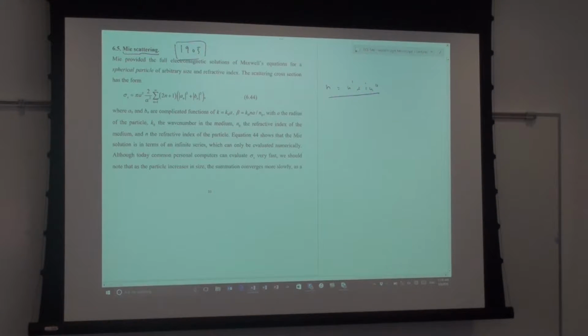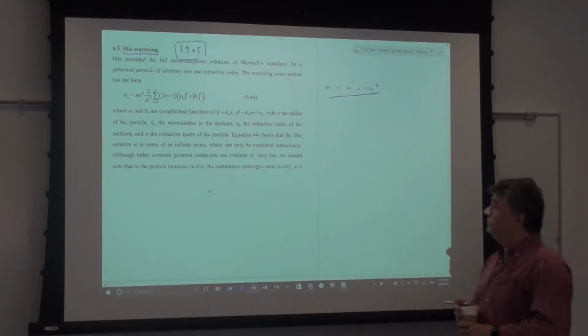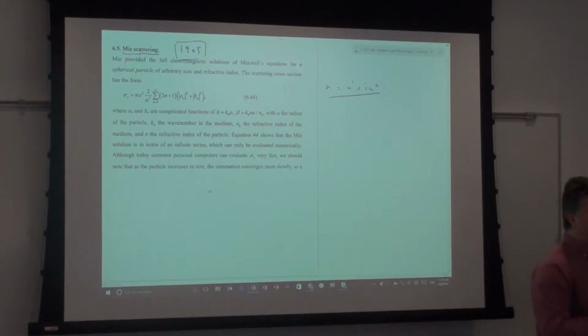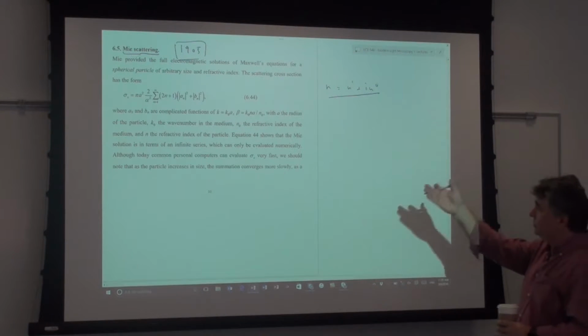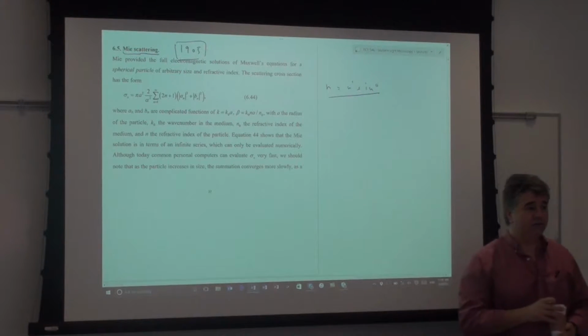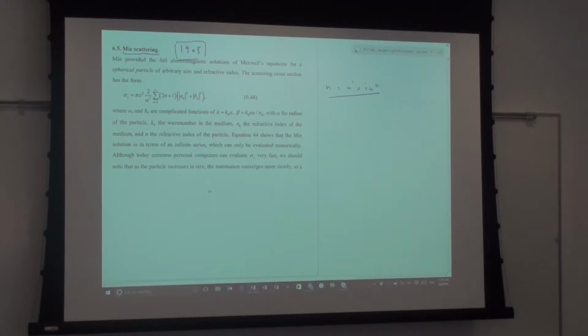So you'll see papers where biological tissue is modeled by a bunch of spherical particles, and the only explanation for that is that we know how to do Mie scattering. It is not so much rooted in the reality of the tissue structure. Scattering from tissue is actually a complicated problem, so that's another reason.